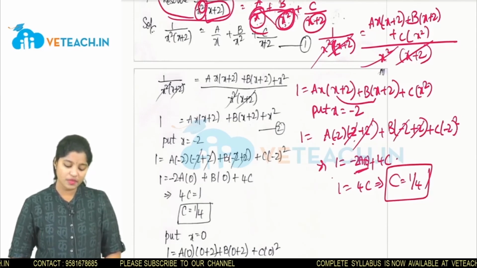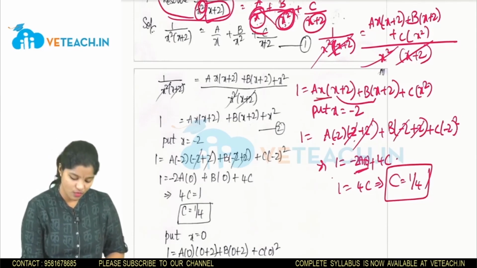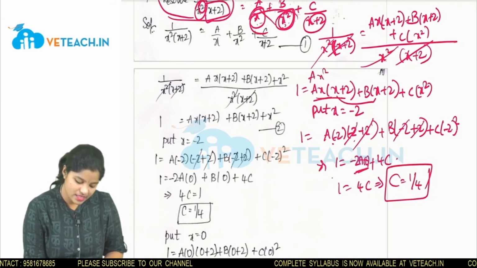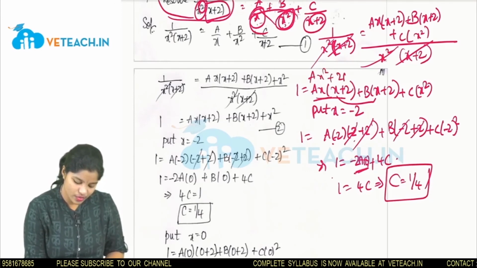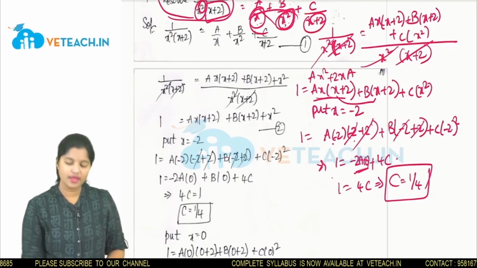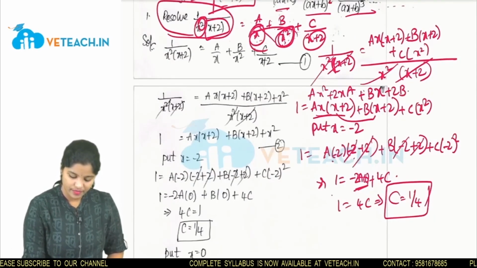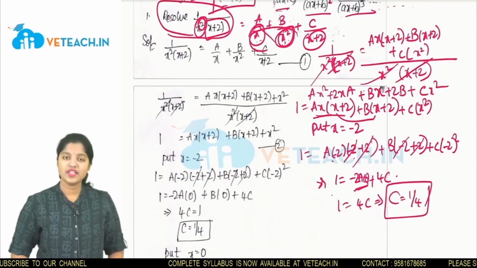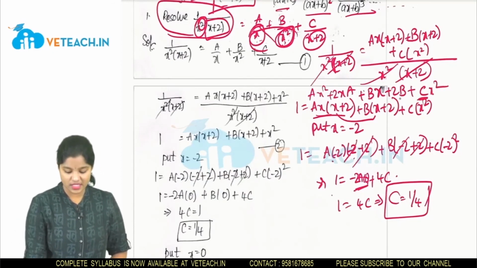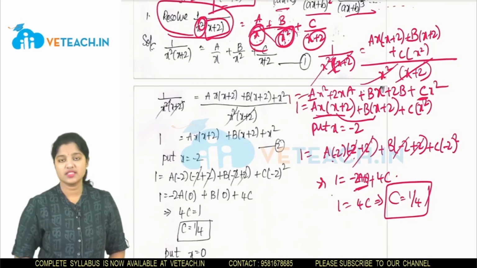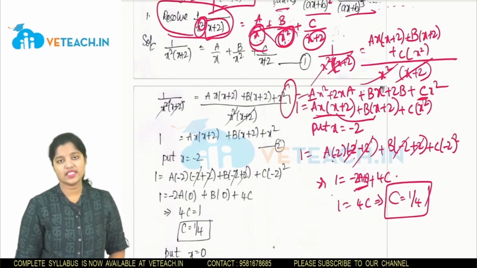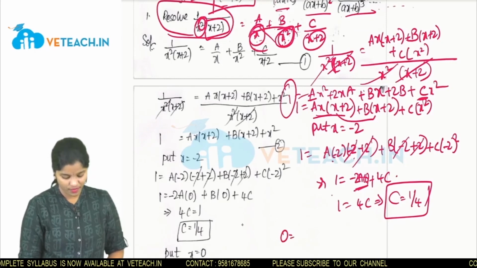Now, in order to obtain others, compare the coefficients. Here it will become ax square plus 2a x, and here same bx plus 2b plus cx square. Now what I am doing is I am comparing x square coefficients on both sides. Here only 1 is there, so no x square coefficient, so write it as 0.